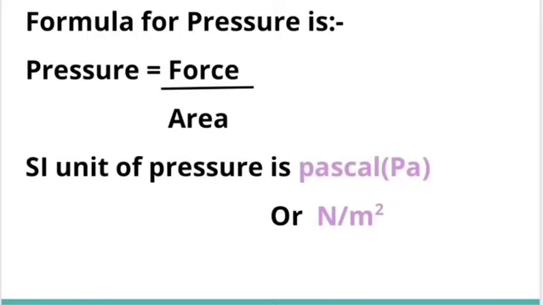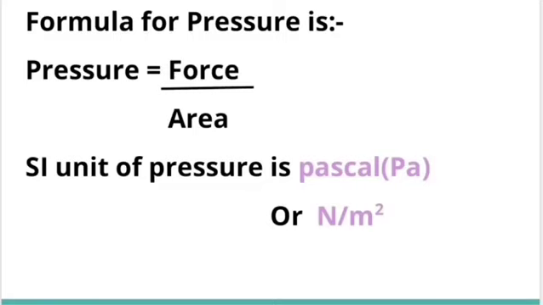So the SI unit of pressure is Pascal or Newton per meter square. 1 Pascal is equal to 1 Newton per meter square.